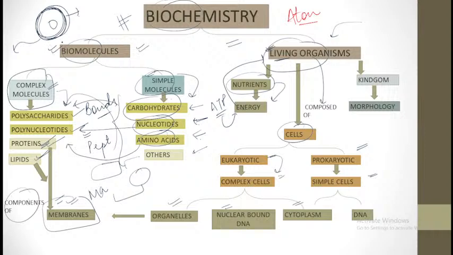So now you can relate how these organisms and these biomolecules are interrelated, and what we are actually going to study in the complete unit, right? Understanding a specific concept is easy, but understanding the baseline behind it is important: why are we actually studying biochemistry?